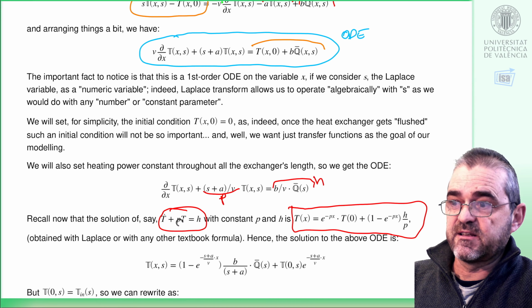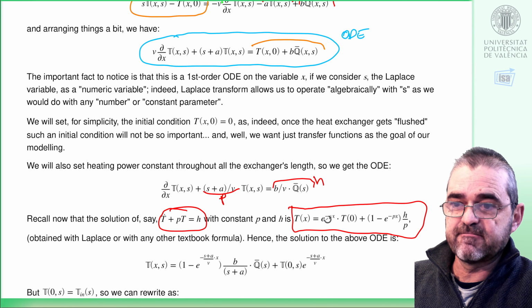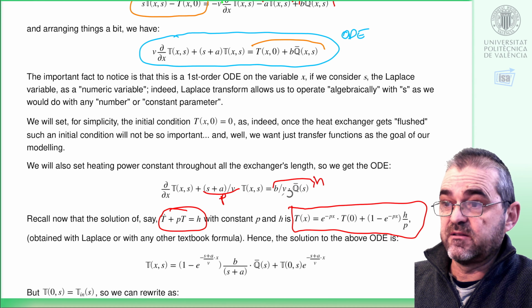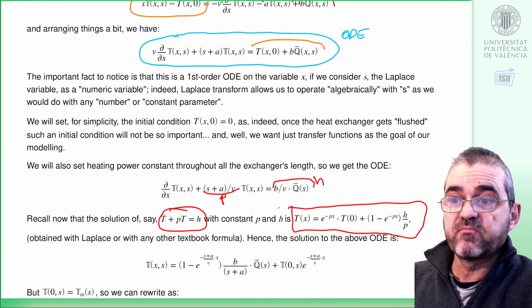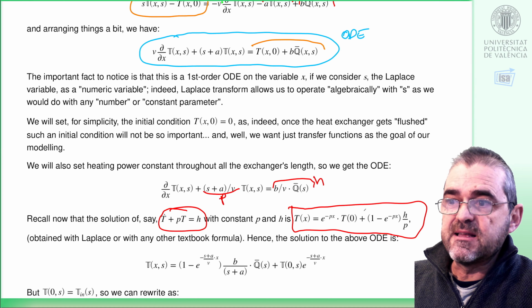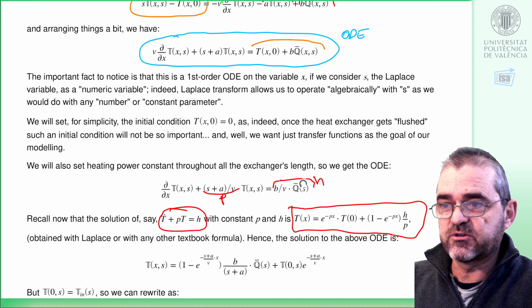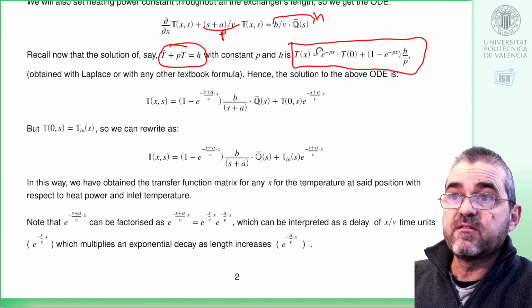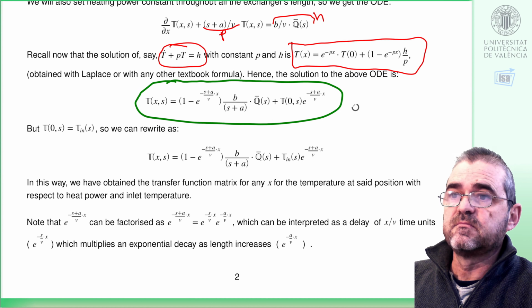So once we realize that the solution to this is this, and that p and h in here do not depend on the letter x, then okay, bam, we found the solution to what we want, just replacing here the values of p and h. This is it.